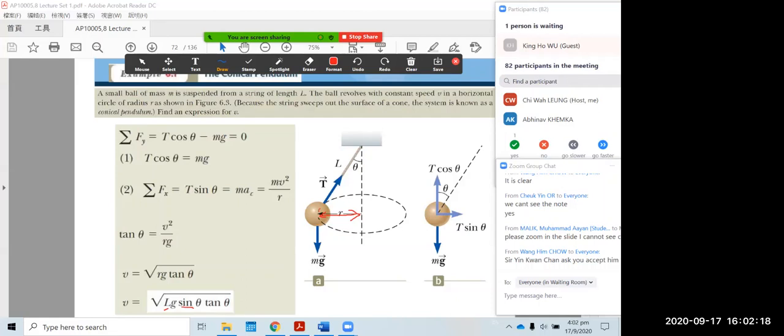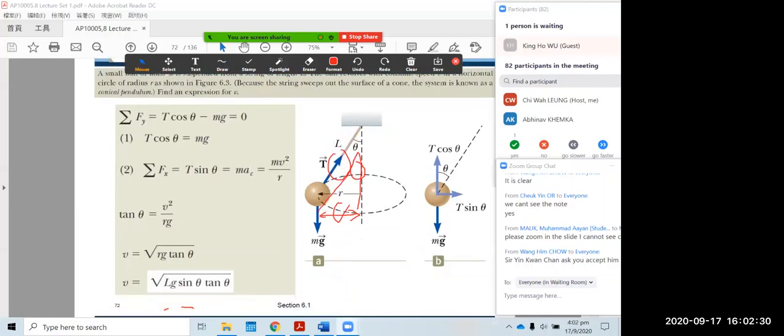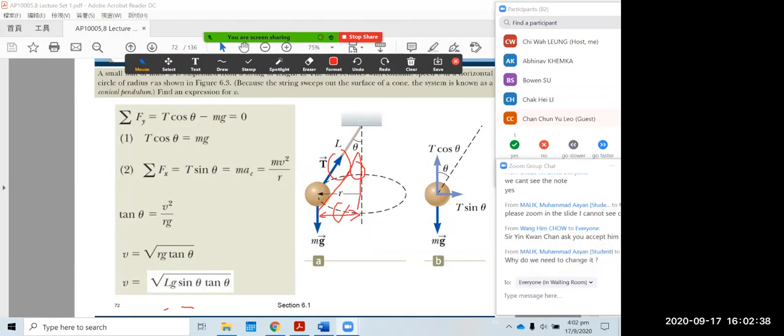It is the triangle here. So L and R are related by the sine theta. So that is why we have the equation shown in this way. It is something you have to be very careful about. The circular path has a radius r, and it is different from the length of the string.